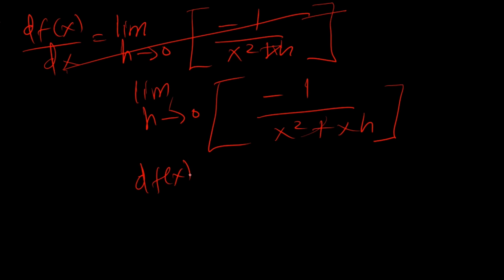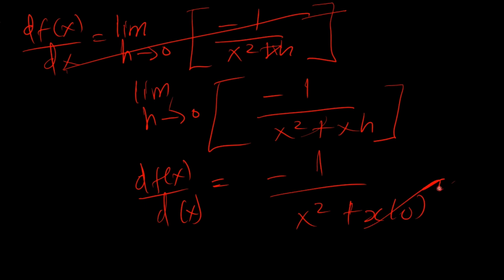So f prime of x is equal to negative 1 over, wherever we see h, we put in 0: x squared plus x times 0. So this will go to 0. And at the end of the day, we have negative 1 over x squared, which is the same as negative x to the power negative 2. Final answer. That is that.